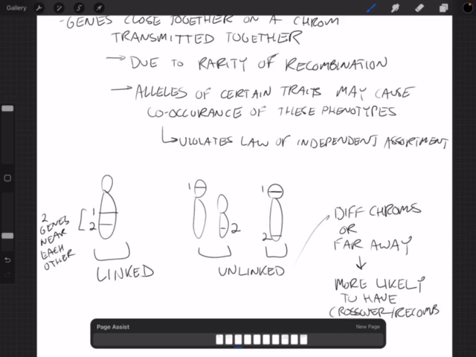Recombination is rare. The odds that you have a recombination event between gene 1 and 2 is pretty low. But if they're far away from one another, there's an increased chance you could have a recombination event anywhere in that space, and so you're more likely to separate an allele of gene 1 from an allele of gene 2. We'll draw that out in a second.